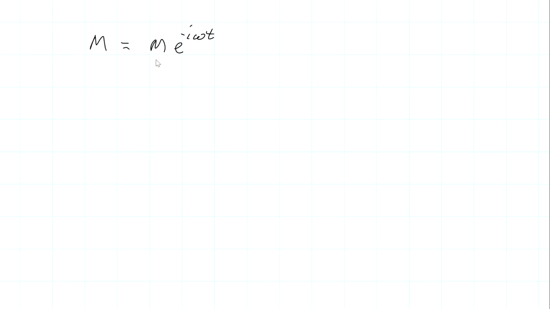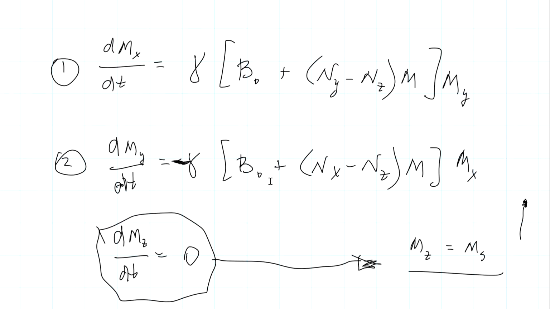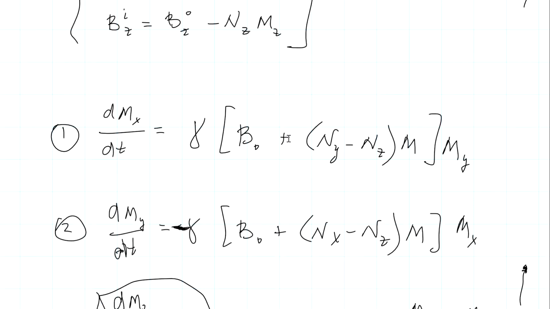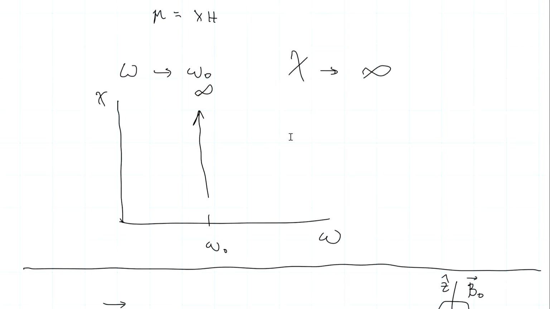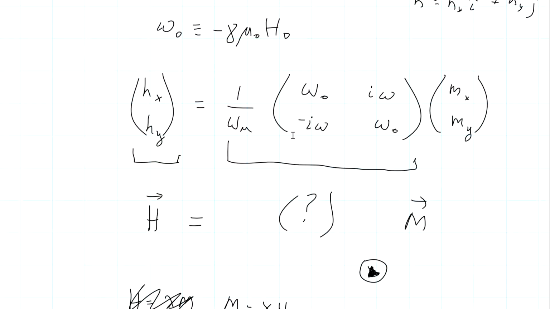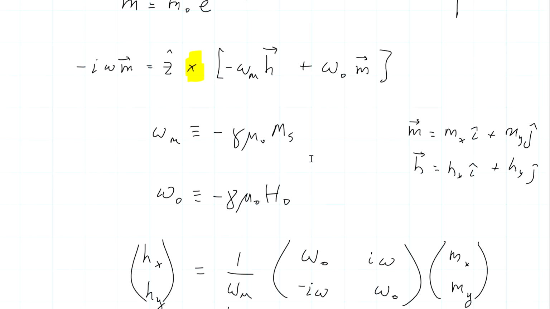If you substitute this into these two equations, these two can also be written in the matrix form. This is very similar to this. You may notice there is Mx, Hx on different sides, and this is basically this equation written in the matrix form.